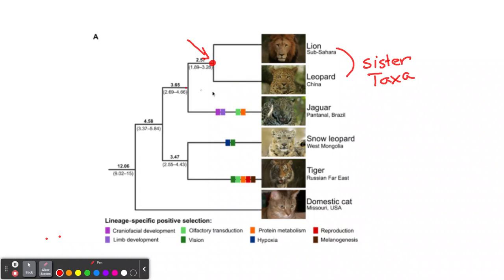But you can make another sister taxa with the jaguar if you include this common ancestor. Because now this common ancestor would be, again, the ancestor of the lion, the leopard, and the jaguar, so we can make another sister taxa. As long as they have a common ancestor that is not found in any other group, it'll be a sister taxa.